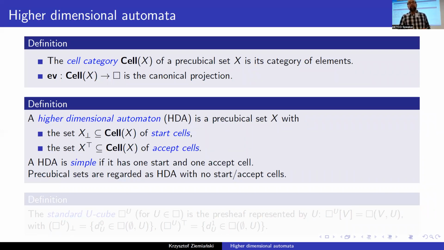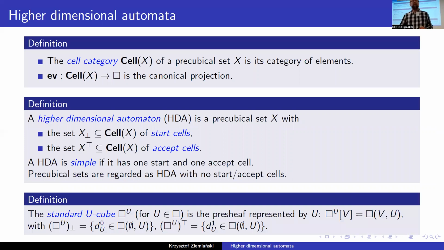And your HDA is simple if you have only one start and one accept cell. You can define the standard cube this way. Well, I'm not going to comment much. There are some formulas.